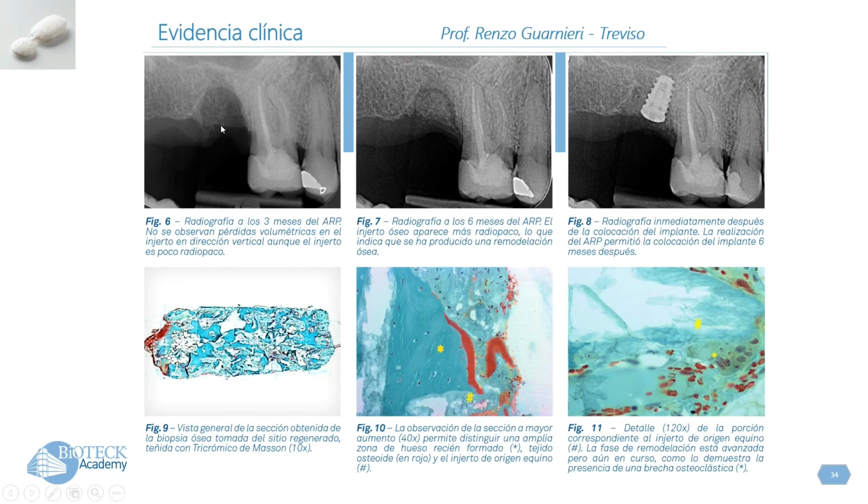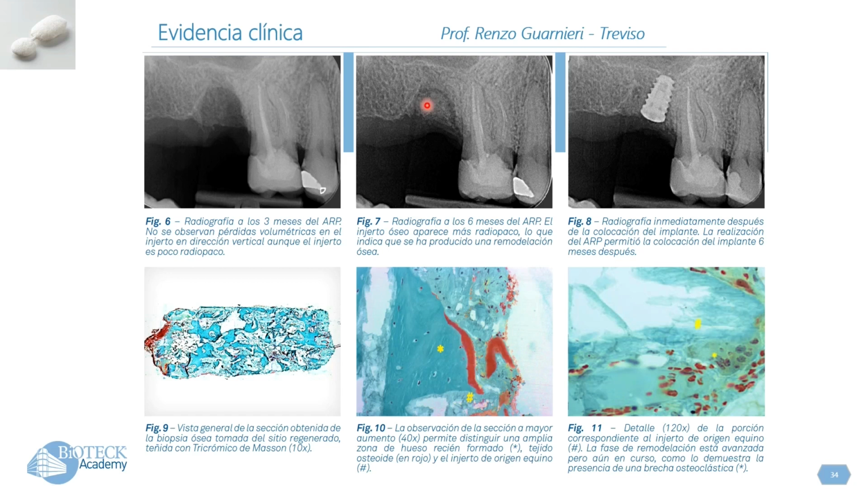So we see at 3 months it seems like there is no bone there, but this is due to the radiograph artifact with OX granules, because at the beginning they do not appear with the same opacity as the basal bone, but then progressively they are remineralized by the cells, so they are remodeled, and at the end the granules are completely replaced by the bone of the patient.